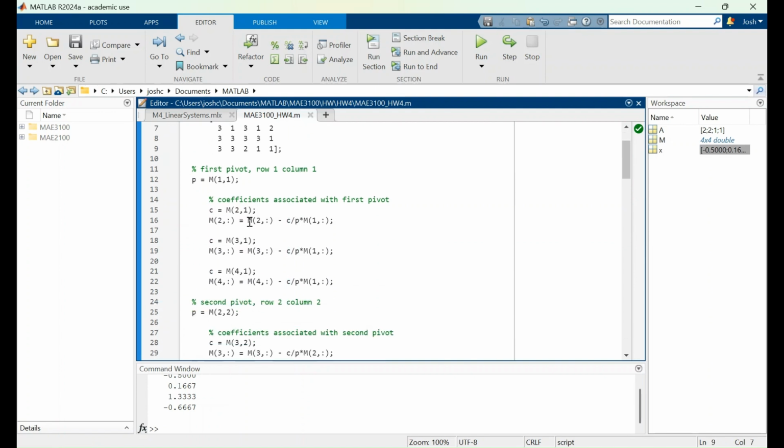I did all these on MATLAB, so as you can see, our coefficients are here, and then we have the corresponding formulas for these coefficients. So this is essentially just saying rho 2 equals rho 2 minus the corresponding coefficient of rho 2 over the pivot, which is the same for everything, times rho 1.